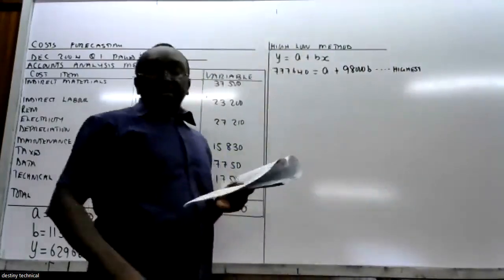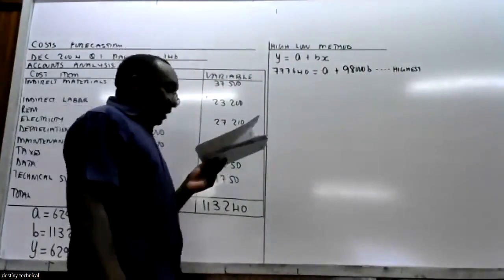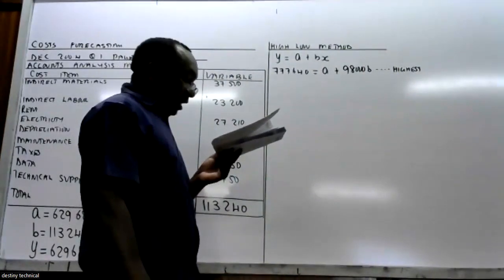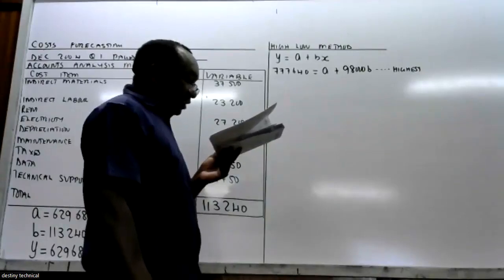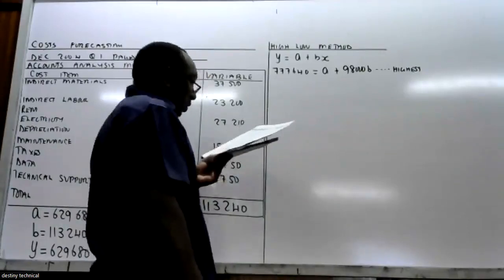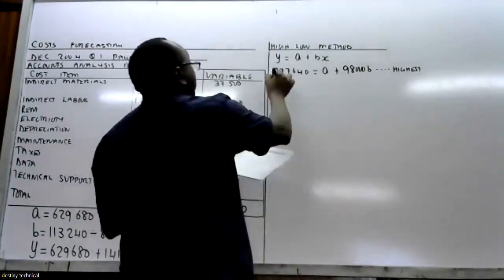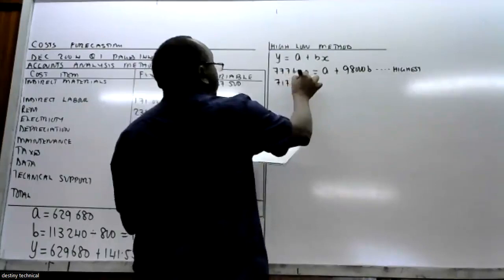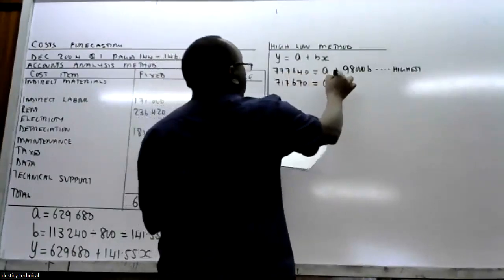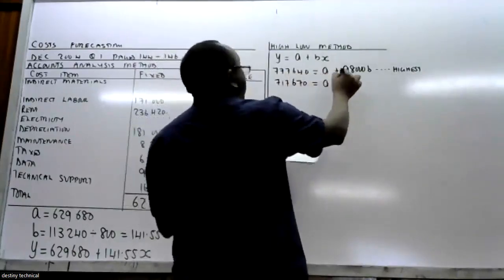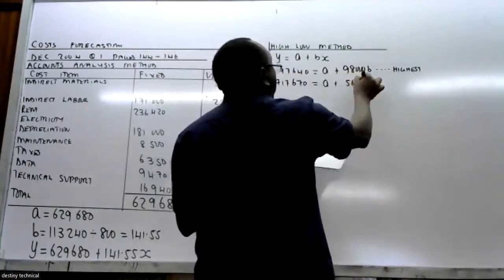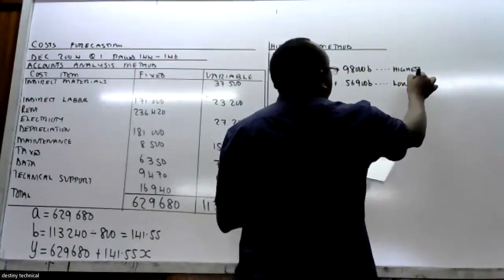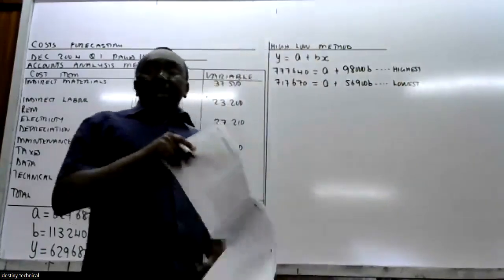Then for the lowest, 56,900. So the cost of that is 717,670 is equals to A plus 56,900 B, and this is the lowest.